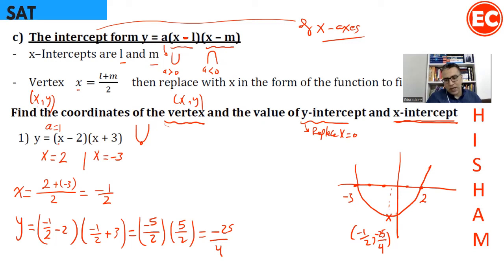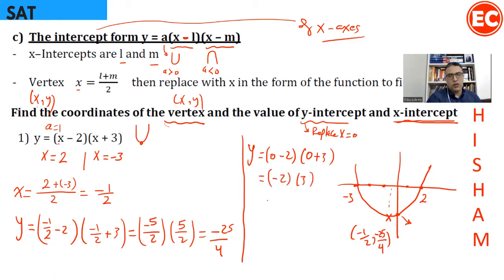Now, as we can see, I have the y-intercept. How can I find the y-intercept? By replacing x with 0. So 0 minus 2 multiplied by 0 plus 3. So it's negative 2 multiplied by 3, which is equal to negative 6. So the y-intercept is 0 and negative 6.